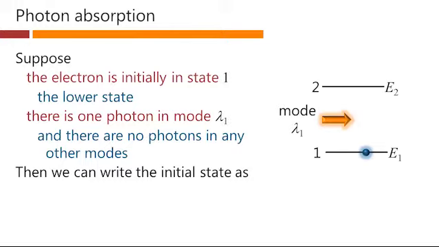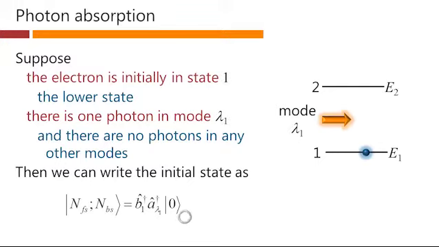Then the initial state of our system can be written in the following form. We start with the empty state. We use a creation operator for mode lambda 1 to put one photon in this mode. And we use a creation operator for electron state 1, this fermion creation operator B1.